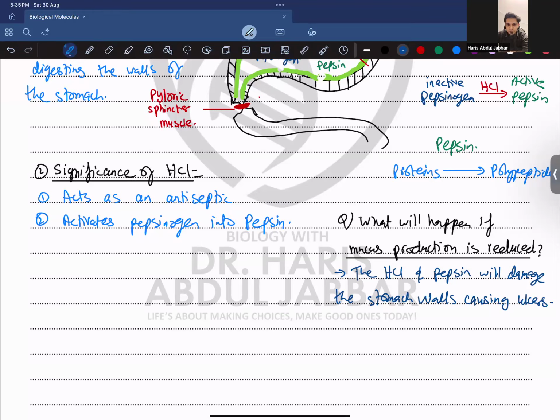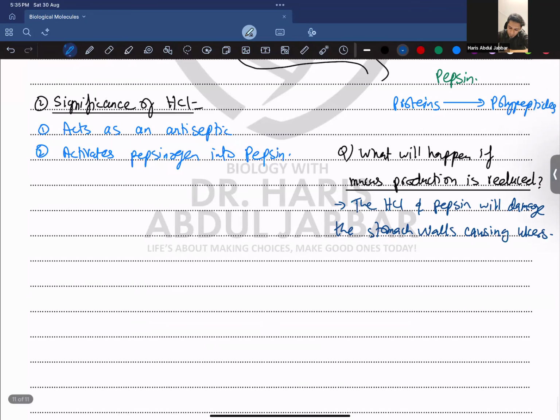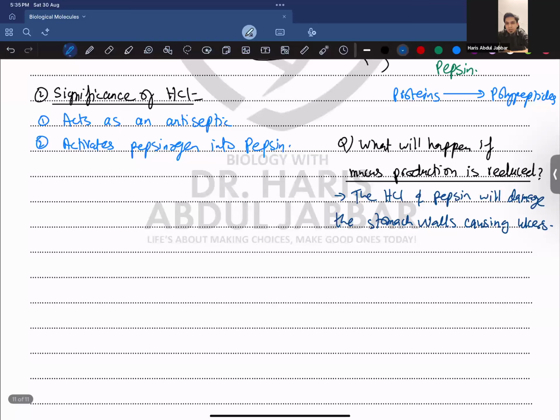Now, one more last thing. Do we have any infant at home? Infants are newborn babies who are on a milk diet, who only drink milk.